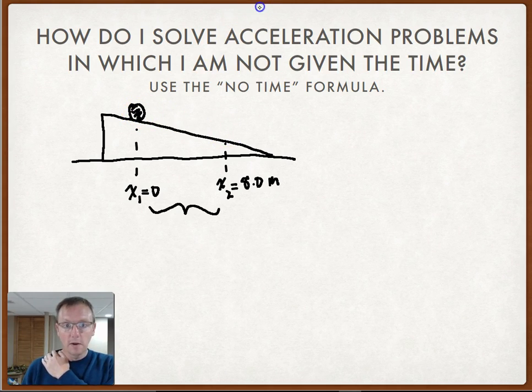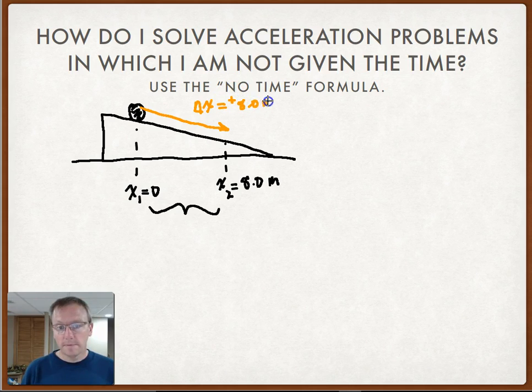So it looks like this, like so. Delta x equals, and we said positive is down the ramp, right? So positive 8.0 meters. It bugs me that it doesn't have a good time with the decimal there.